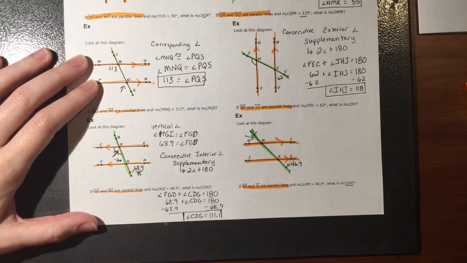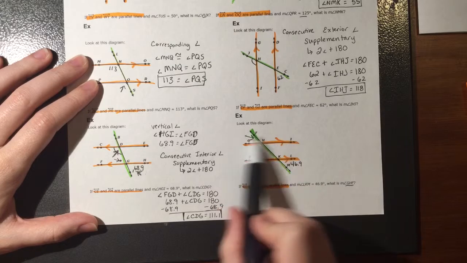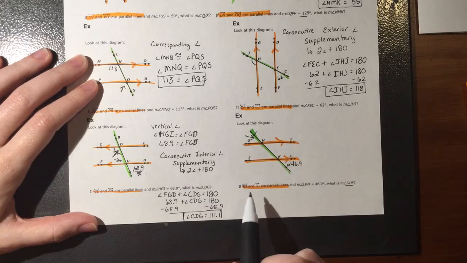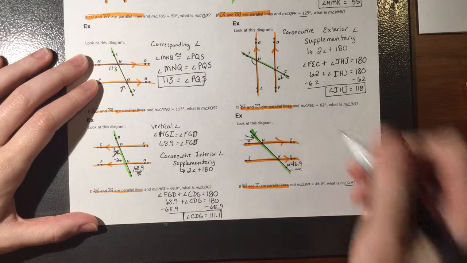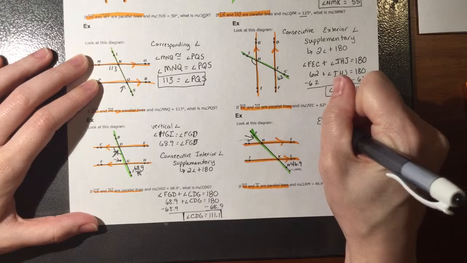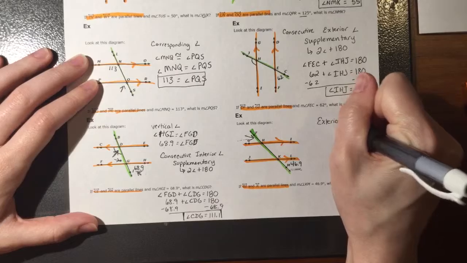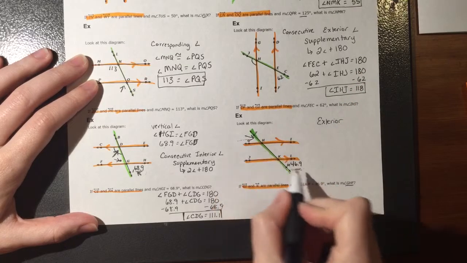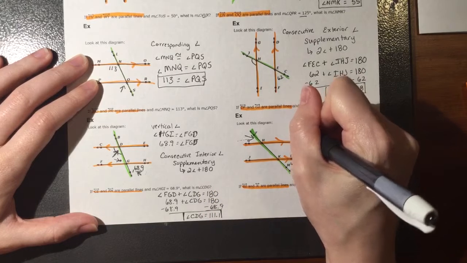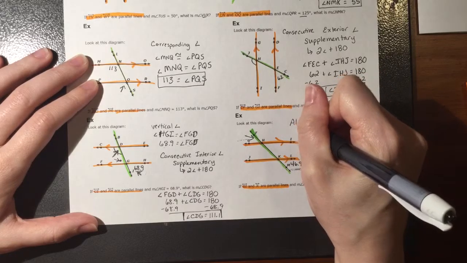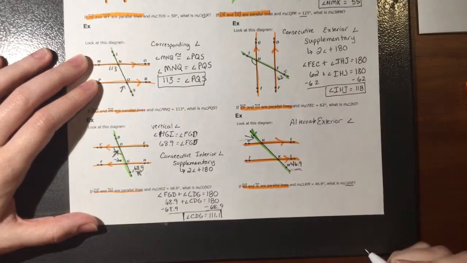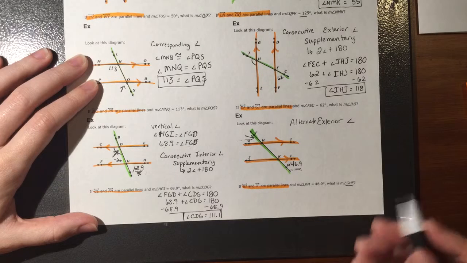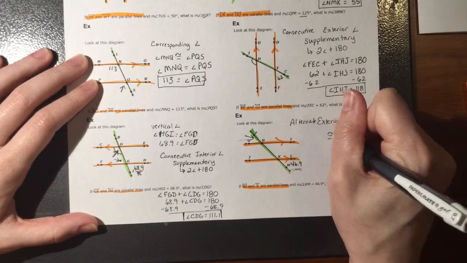GHF. Well, they're both on the outside, and this one's on this side of the transversal, and that one's on the other. So if they're outside, we can say they're exterior, and they're on opposite sides of the transversal. Remember our word for opposite sides of the transversal are alternate exterior angles. And if we look back for our alternate exterior angle theorem, it tells us that they're going to be congruent.